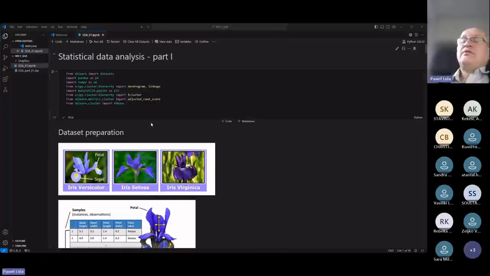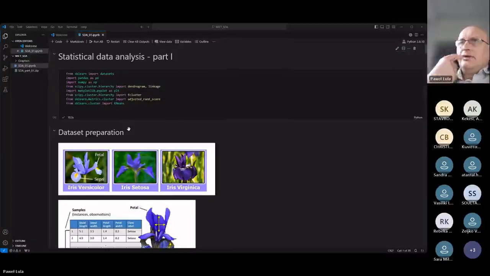So this presentation has the form of a Jupyter notebook. And all pictures which are inside this presentation, you will also find in this file which was shared with you. There is a folder called graphics, and all these pictures are inside this folder.